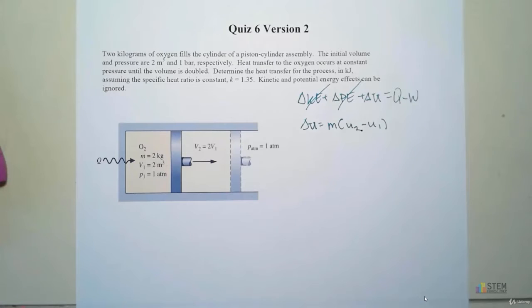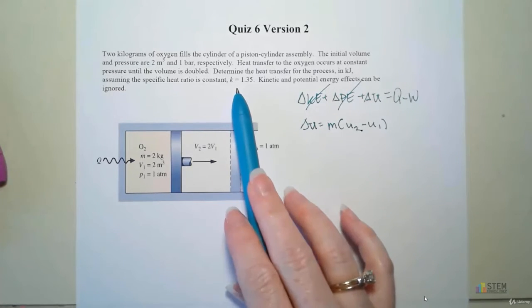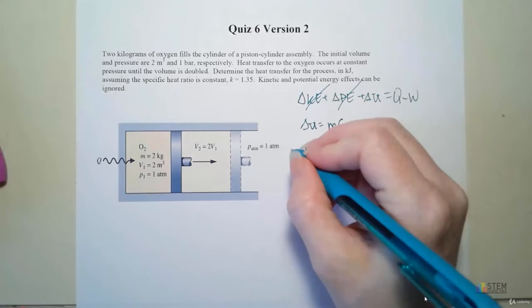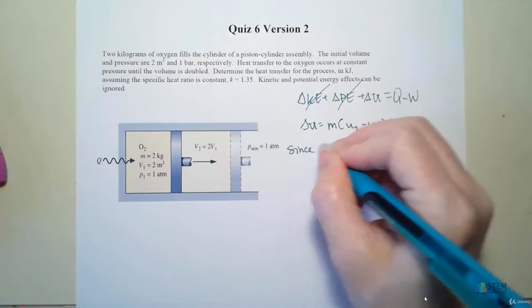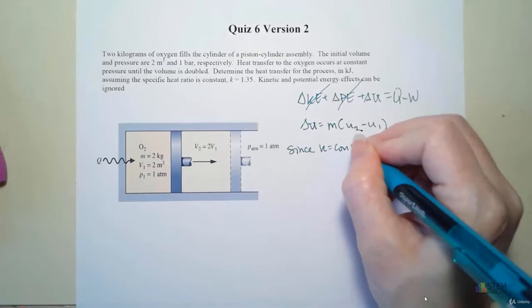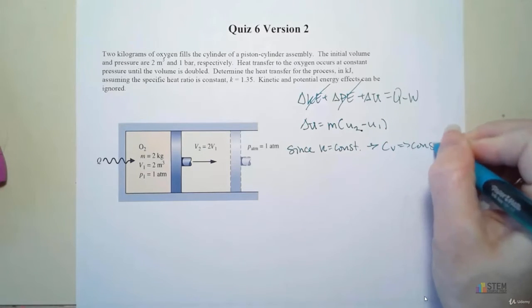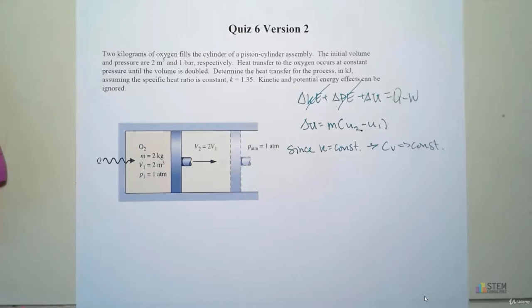Now that we have this, and we know that K is constant, that means our CV is also constant, our specific heat at constant volume. So let's write that down. So since K is a constant, then CV is a constant. All right.